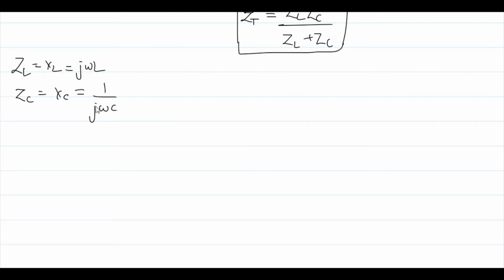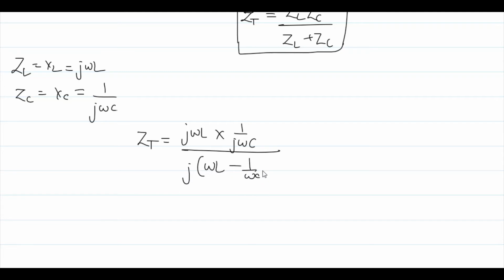If you substitute these ZL and ZC in ZT, then ZT is equal to j omega L into 1 by j omega C, whole divided by j into omega L minus 1 by omega C. This is the total impedance.